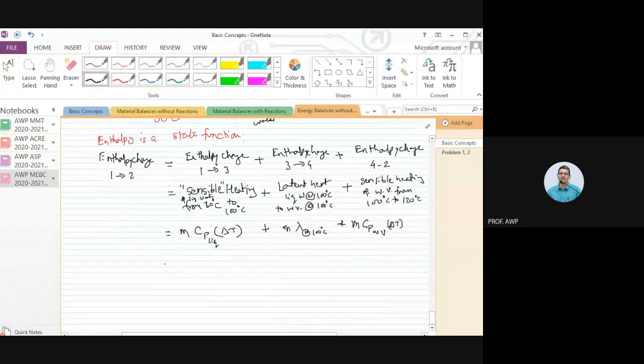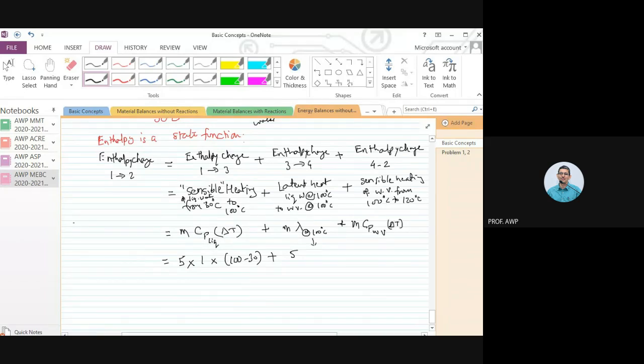So the first step, 1 to 3: mass of water is 5 kgs, Cp of liquid water is 1 kilocalories per kg Kelvin, change of temperature is 100 minus 30. So 100 minus 30 plus 5 times latent heat of water.